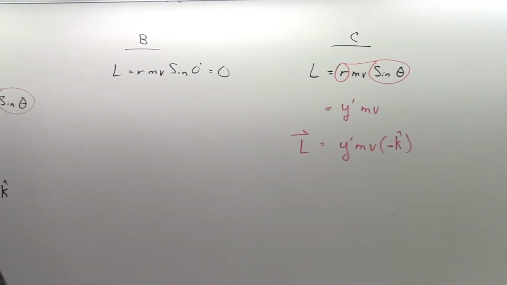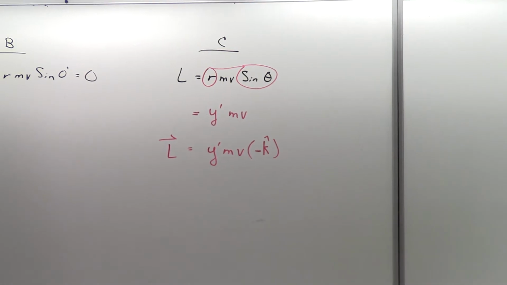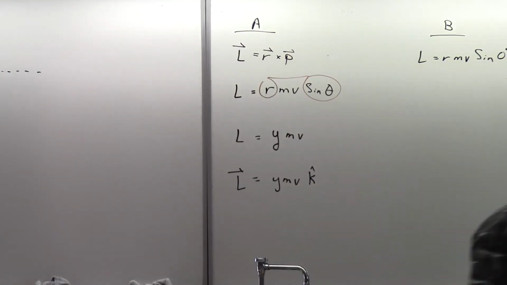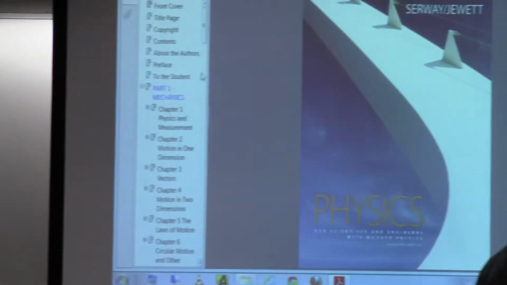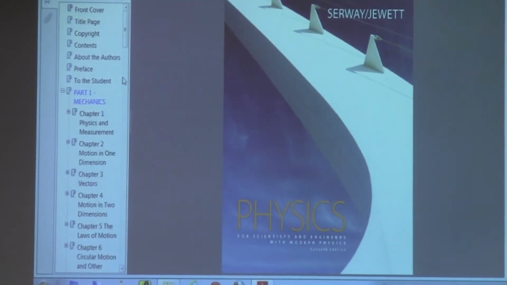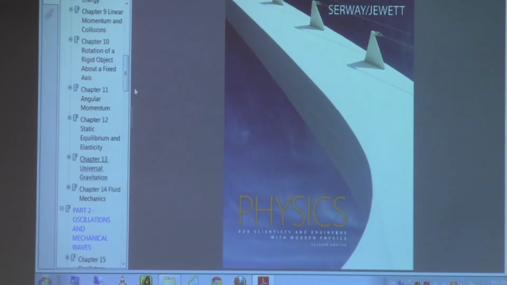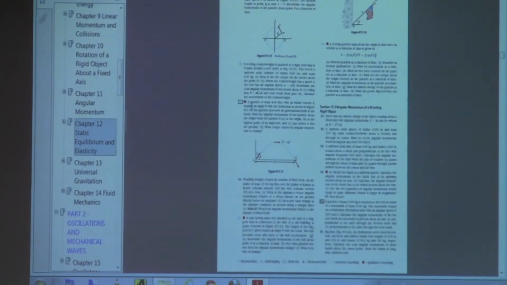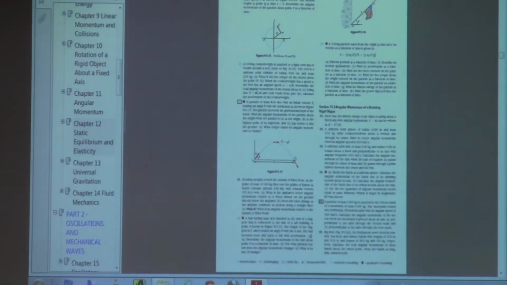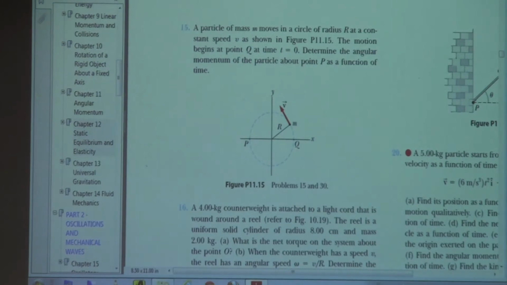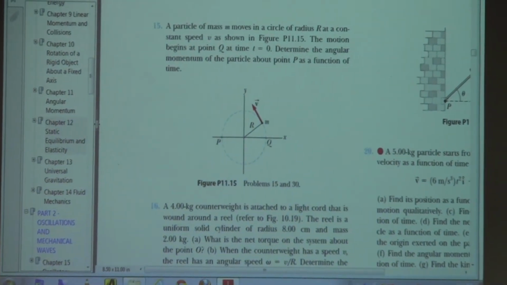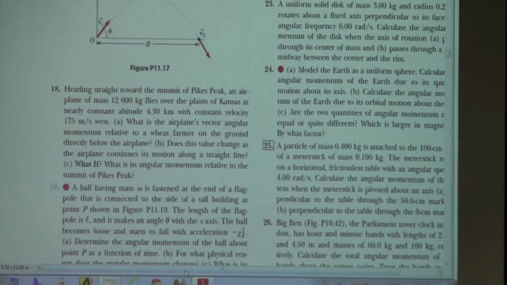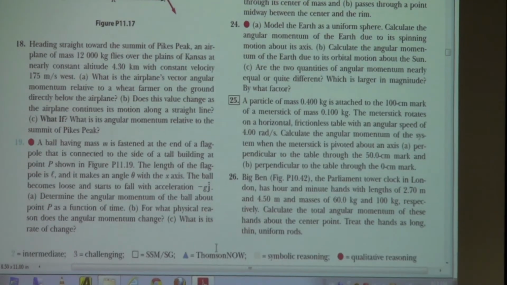So, that being said, how about we try the first problem I have listed here, which is number 25, and you'll see that it starts off with an object going in a straight line. Let me just make it a little bigger here. And so number 25, let's read it together here.